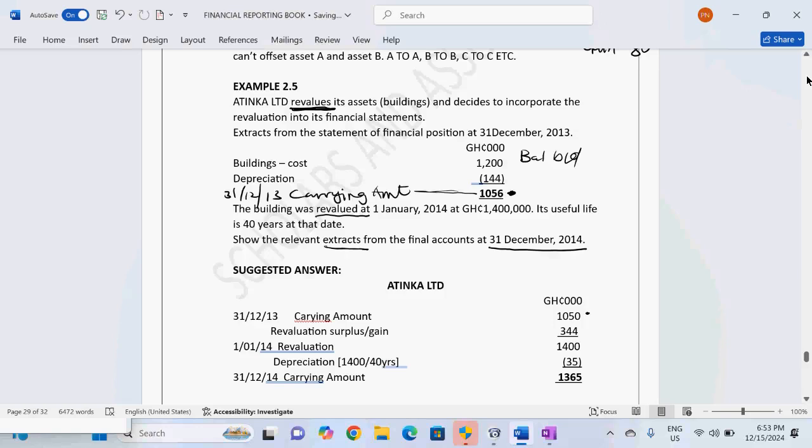Now that you have the balance from the previous year, which is the carrying amount, what next? They said the building was revalued at 1st January 2014. We had the balance from 2013, and we know that 31st December 2013 is the same as 1st January 2014.